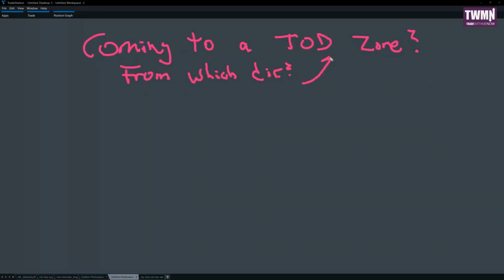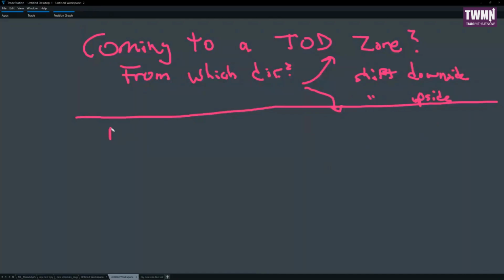Coming up? Great. Shift that you're looking for is to the downside. Shift coming down, shift then would be to the upside. So that's number one.